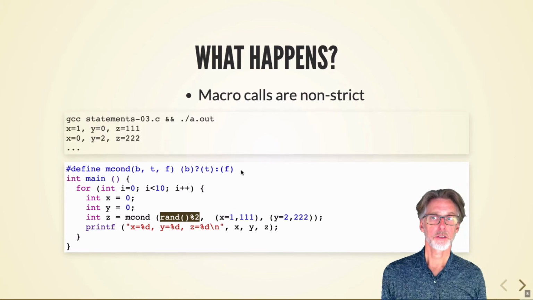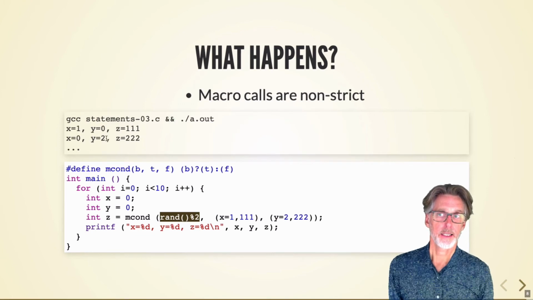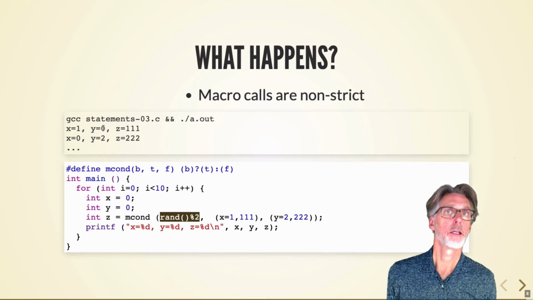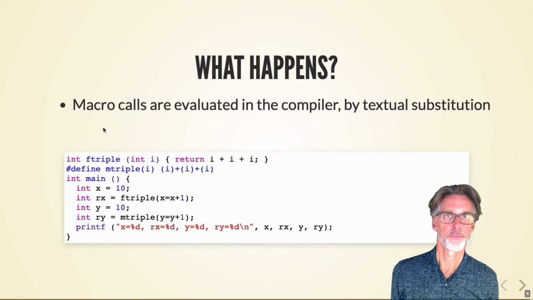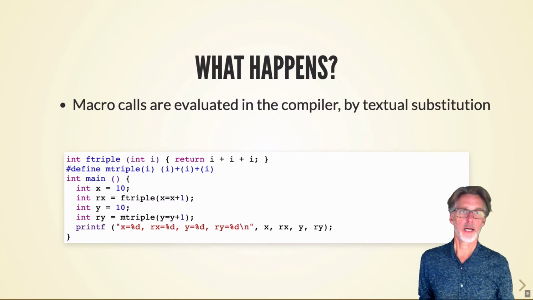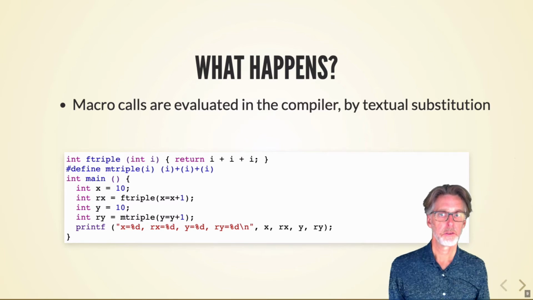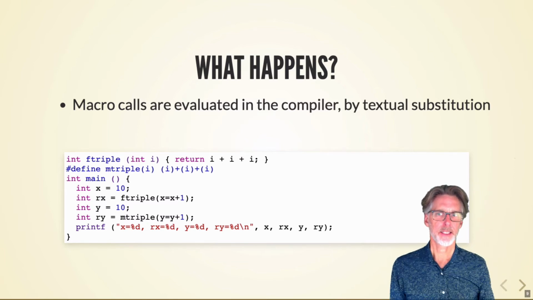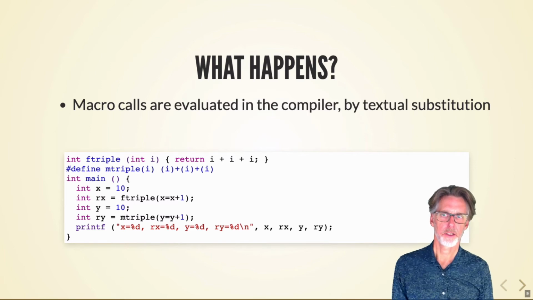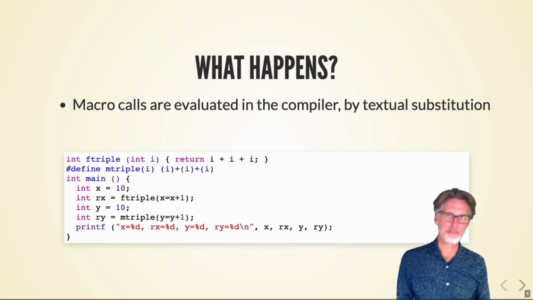And as a result, we only get one of the values, X or Y, set to 0. So macro calls are evaluated in the compiler by textual substitution. And this makes the mix of macro calls and side effecting expressions quite exciting.